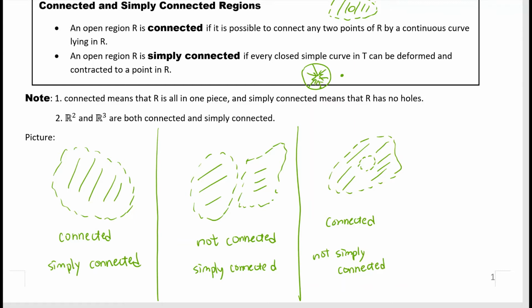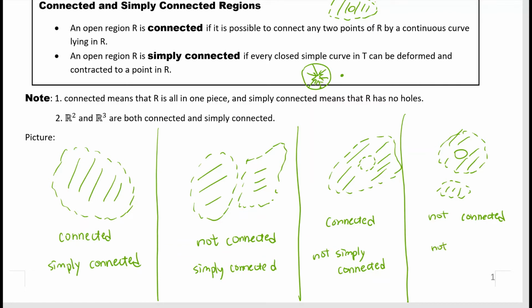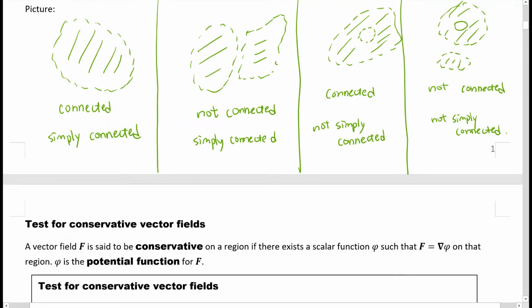And furthermore, if we have something like this and this, then they're not connected and not simply connected. So far so good, everybody? Okay, next.